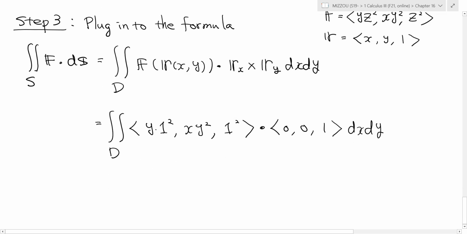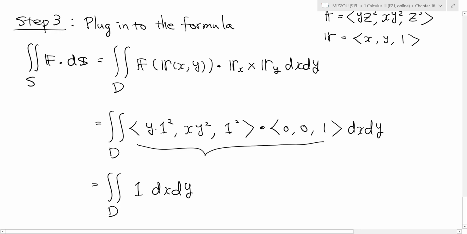And that is equal to, fortunately, 0, 0. So it's just 1 dx dy. If you compute this dot product, this becomes just 1.